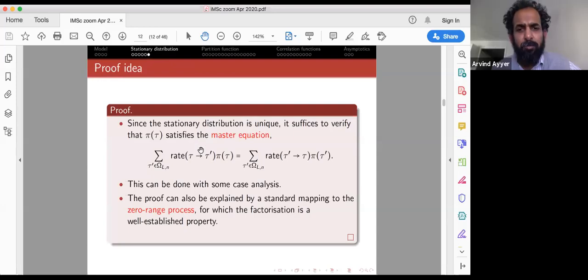Okay, so because the stationary distribution is unique, the way to prove it is to just verify this master equation. That's total incoming rate is total outgoing rate, and there's some case analysis, and it can be done.